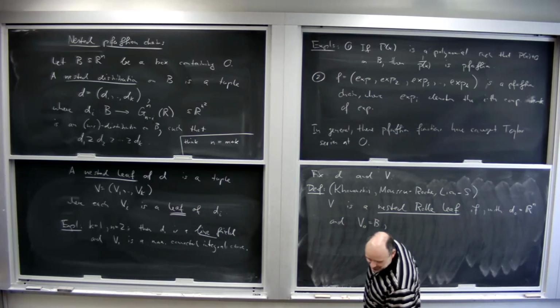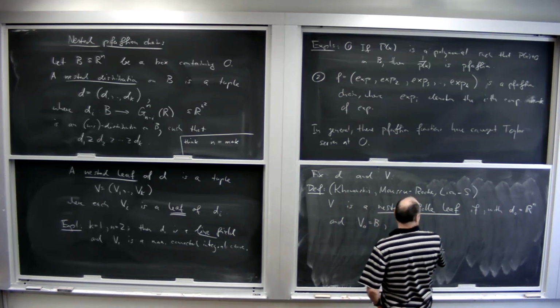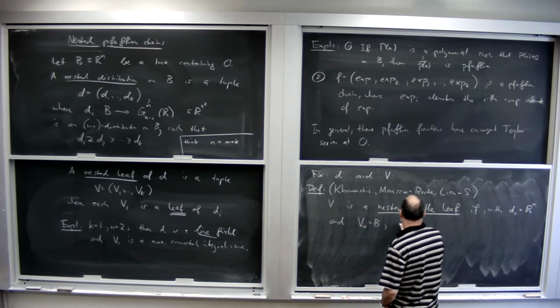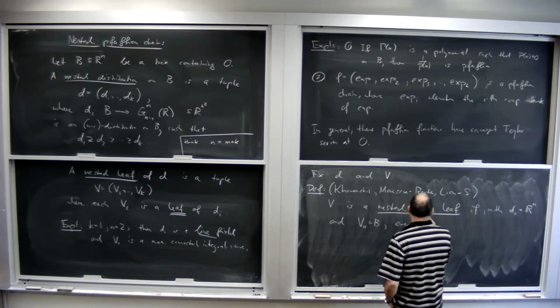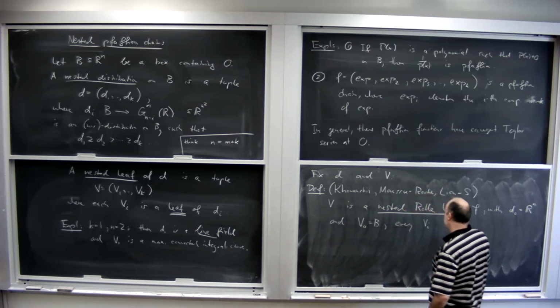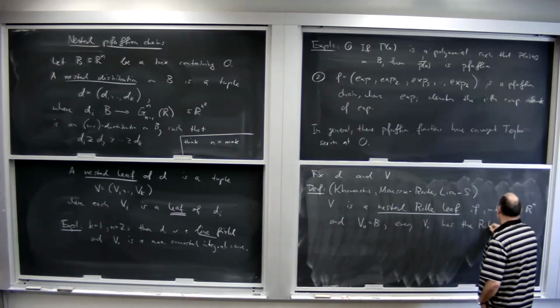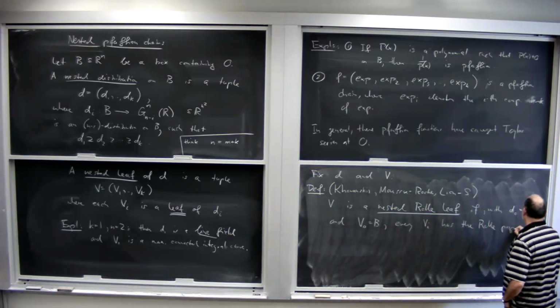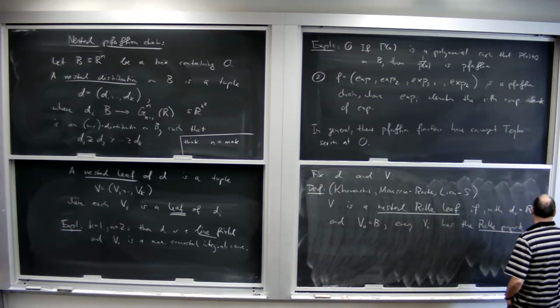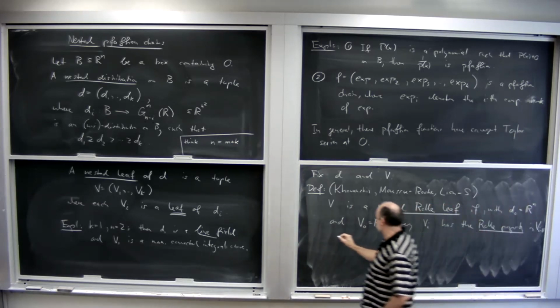Okay. So then what we have is that with this definition, every V_i has the Rolle property, I will define what that is, in V_{i-1}, which means the following.